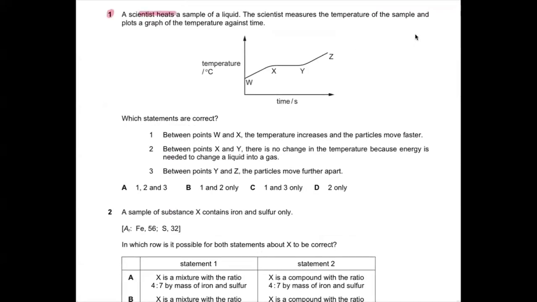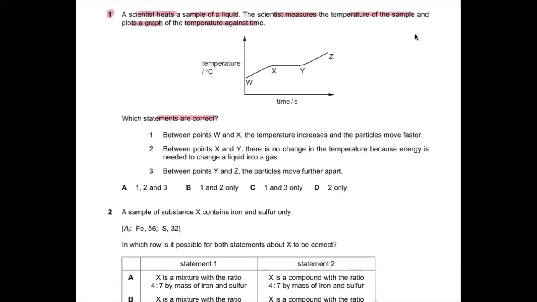A scientist heats a sample of a liquid. The scientist measures the temperature of the sample and plots a graph of the temperature against time. Which statements are correct? So it's a liquid.